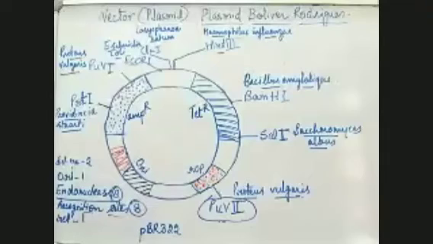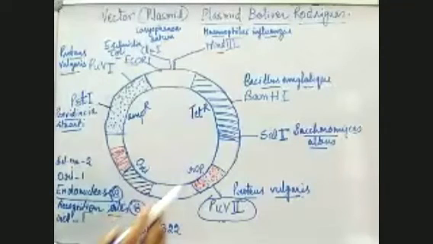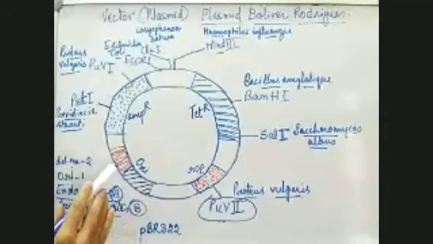Ori is there to multiply; ROP, the protein of replication, is there to provide raw material for the multiplication of the desired gene. If ori is there, multiple copies will be made, and our desired gene will also increase in number. Besides this, we should have selectable markers.